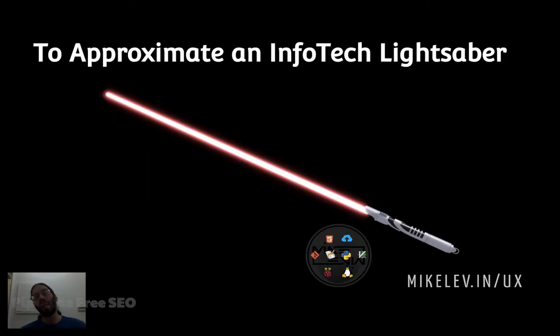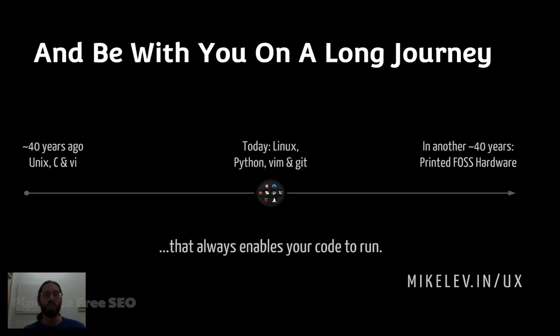Anyway, that 20 megabyte download expands. It builds itself into a tiny little server that's a lot like embedded systems, and every time I think about it, it reminds me of the lightsaber. You can build it, you can go hardcore and do Linux from scratch, but you don't have to. You can do it the way I do it, which is just taking the popular small components of each of these and getting really expert at it, and it becomes something that will be with you on a lifetime journey, because this stuff has been around 40 years.